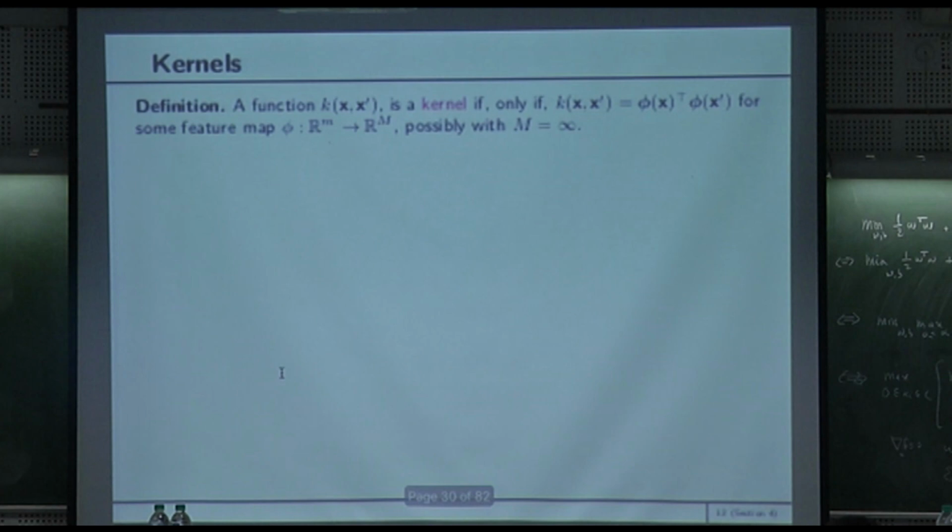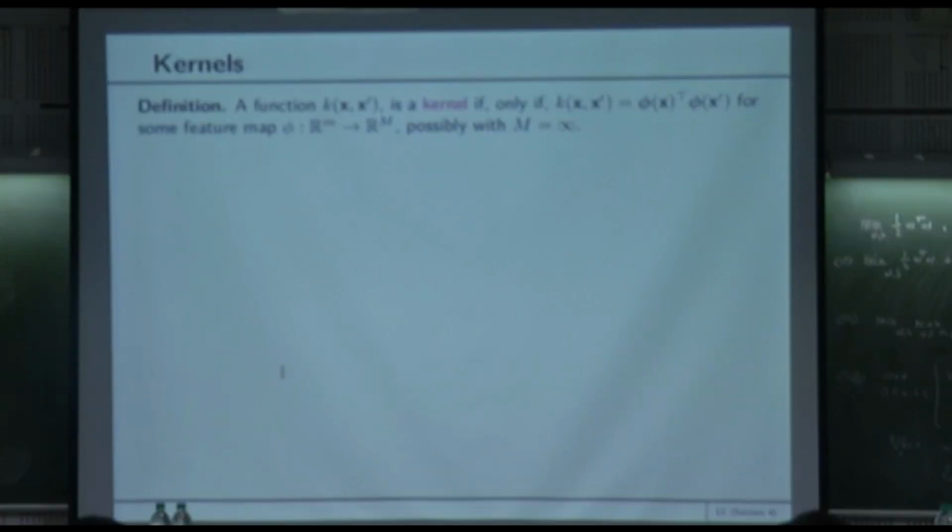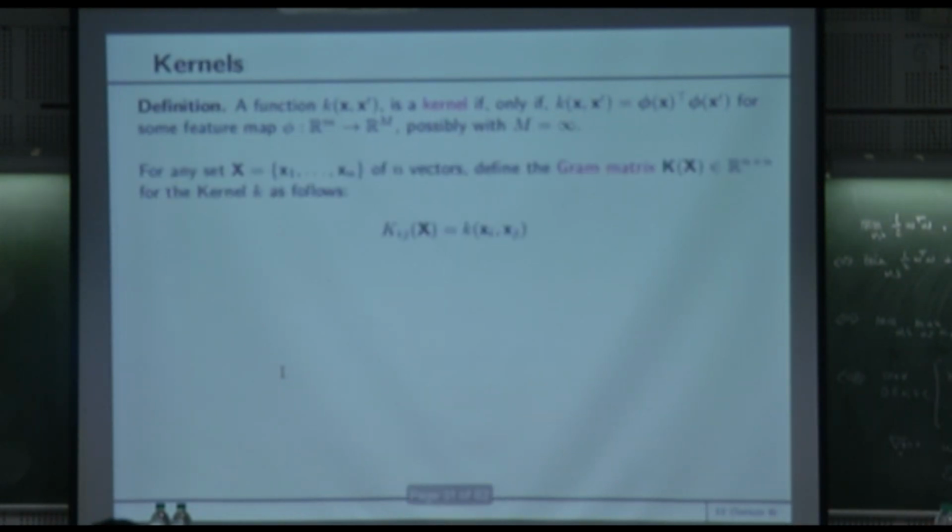So far this is a tautology. It's completely useless. I said if I want a feature map, then I can raise the vector x to some higher dimensional space and take the inner product, but that's precisely something that I wanted to avoid. So far nothing has happened, but there is a beautiful result called Mercer's theorem, which will come in a moment.